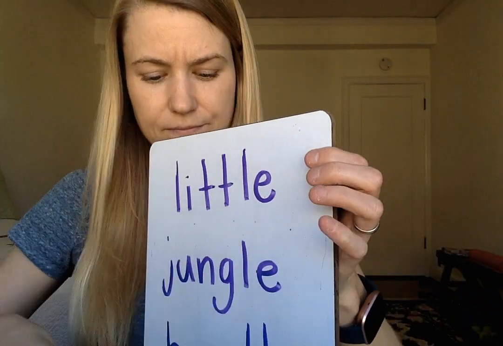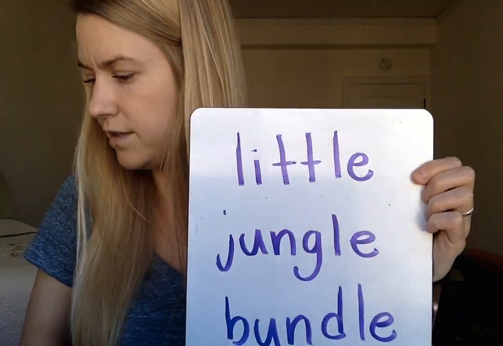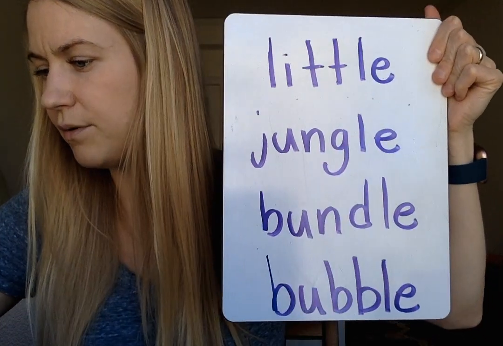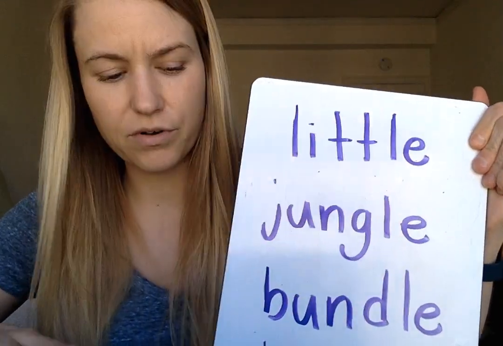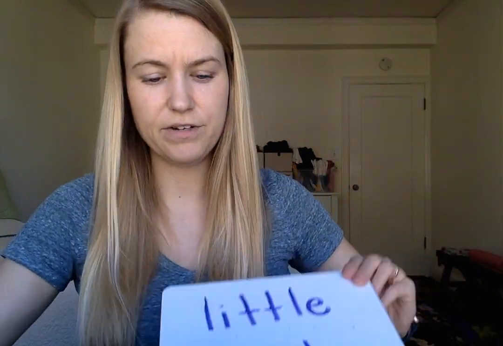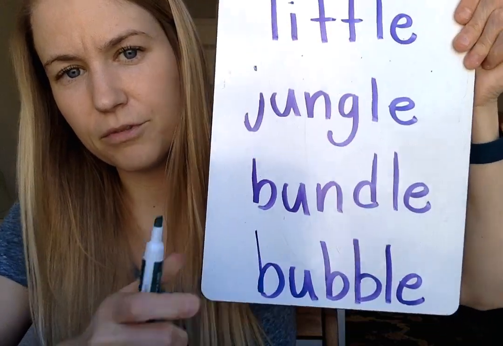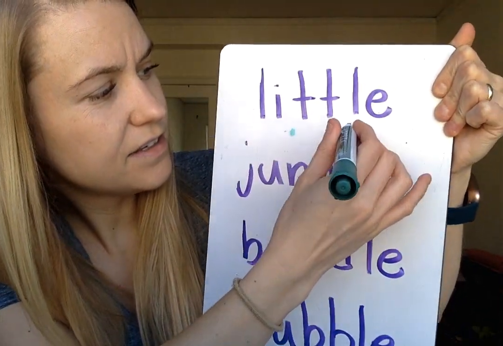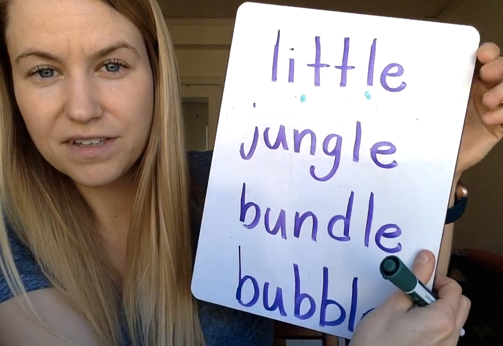Now, I have a couple of words here. I want to blend them with you and go over how we would read them together. Sorry, let me get my pencil ready first. So, we'll start with this one right here. We've got little. Beautiful.